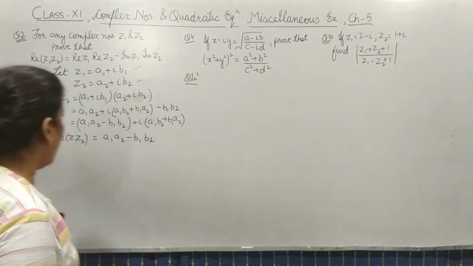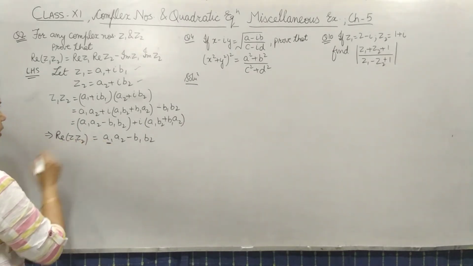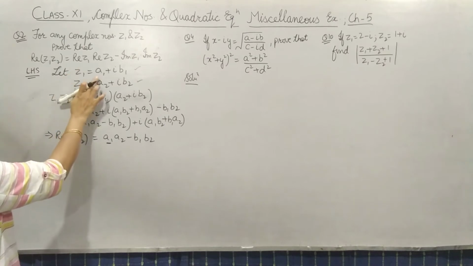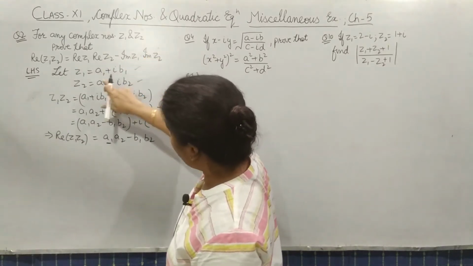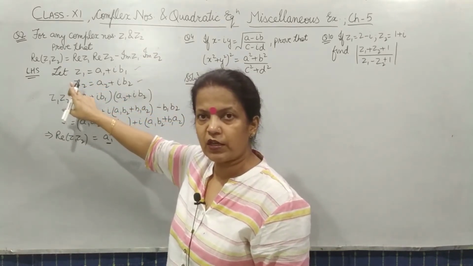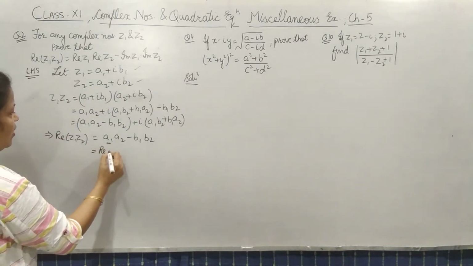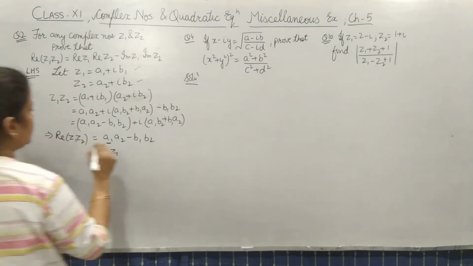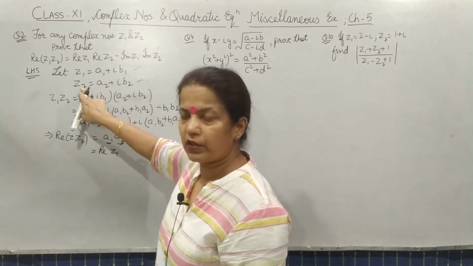Is it clear? If you will look here, अगर आप देखेंगे, a1 from the first complex number, a1 क्या है? Real part of first complex number. So instead of a1 we can write real part of z1. And what about a2? Here a2 is real part of z2.